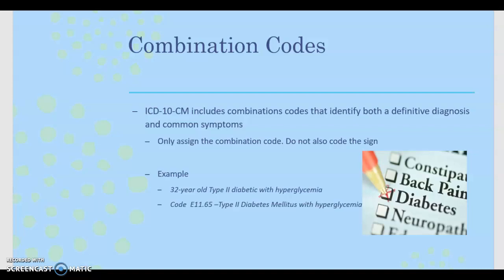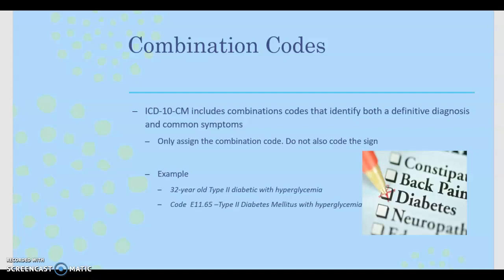Okay, so the coding guideline for combination codes. ICD-10-CM includes combination codes that identify both a definitive diagnosis and common symptoms. So if the combination code is inclusive, meaning both the conditions are included, we don't have to code these separately. And I put an example up here.